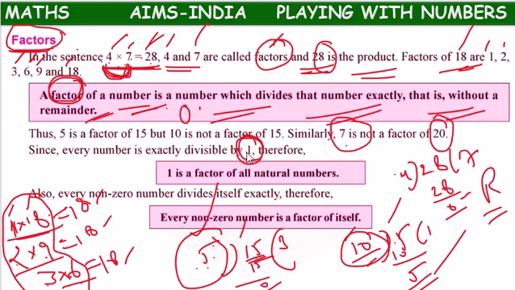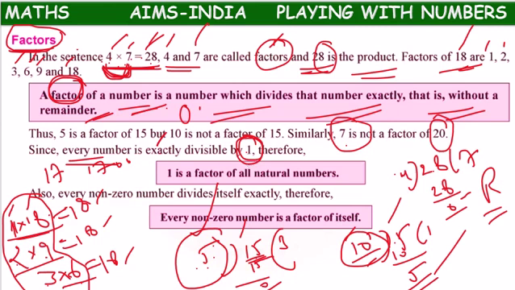Then what about 1? 1 is a factor of which number? If you take any number like 17 or 1700, any bigger number or any smaller number, every number is exactly divisible by 1.